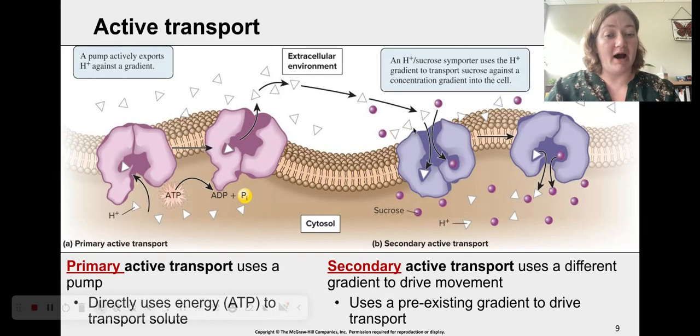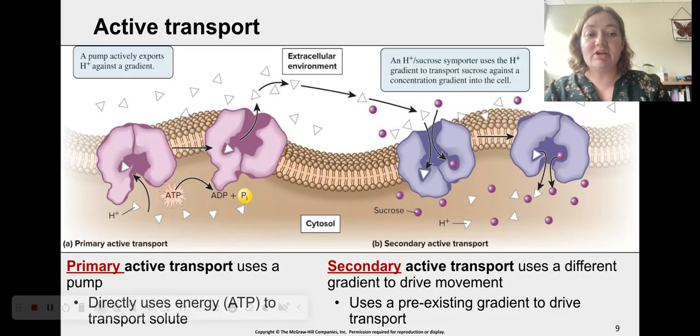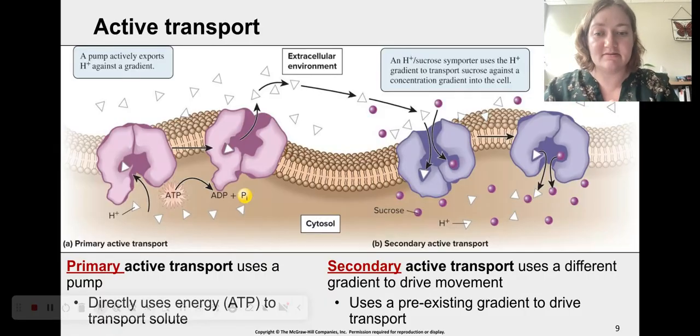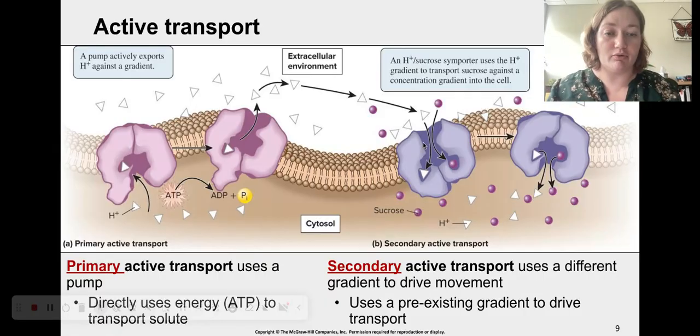Once the hydrogen binds to this transporter, then our other molecule, in this case, we're going to say sucrose, these round circles, are going to bind, right? Now, because this hydrogen ion is moving with its gradient now, right? Initially, it moved against its gradient in the primary active transport step of this, but now it's moving with the gradient.